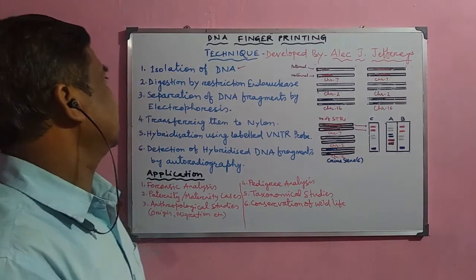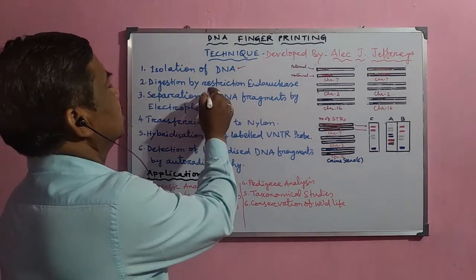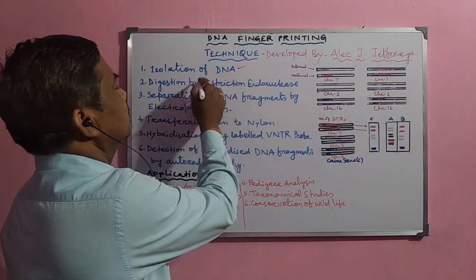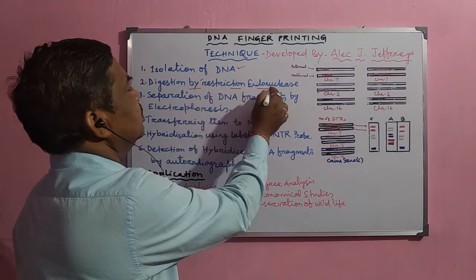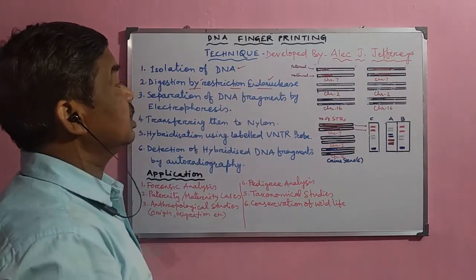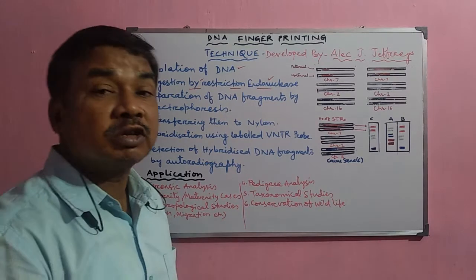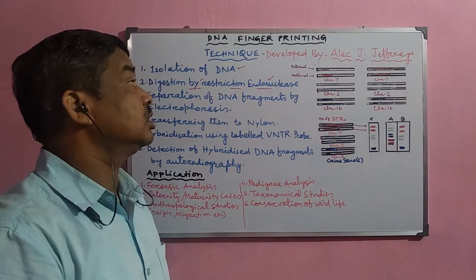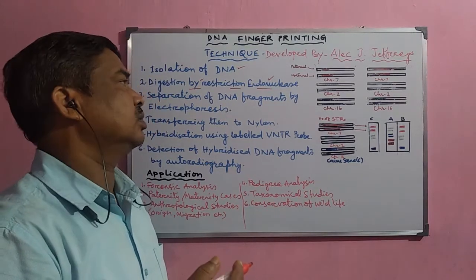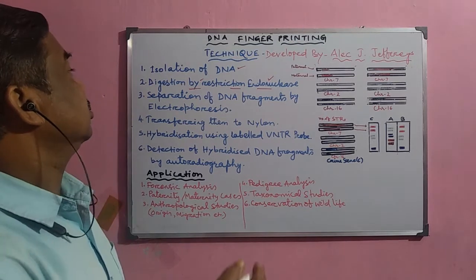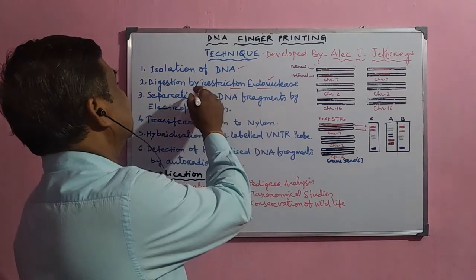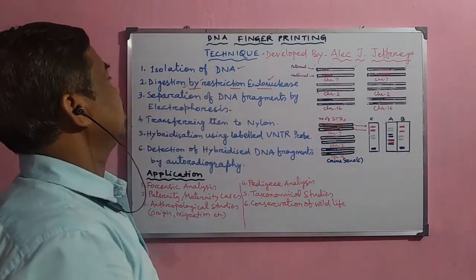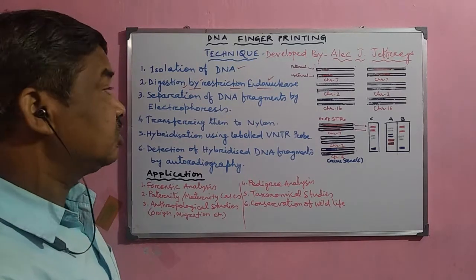After that comes digestion by the restriction endonuclease enzyme, the molecular scissor which cuts the DNA at particular sites. That is why this enzyme is used for the digestion of this long DNA chain.